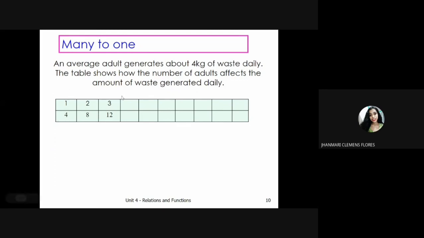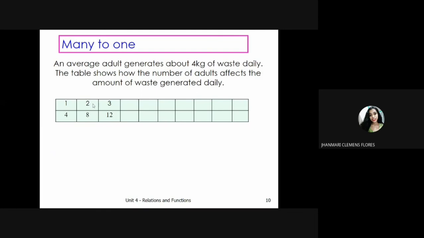So let's say one adult generates about 4 kilograms. It's given in here in the situation. Let one be represented here as x, the domain, then 4 represented as y, the range.